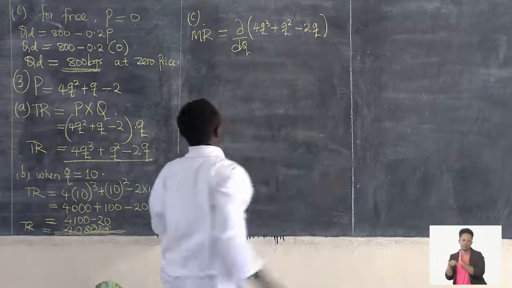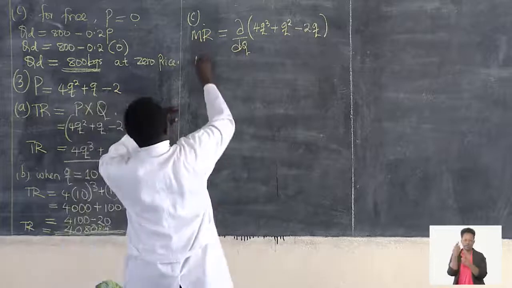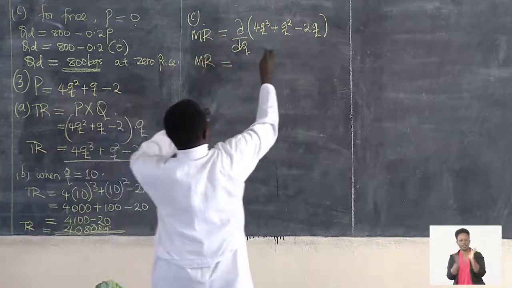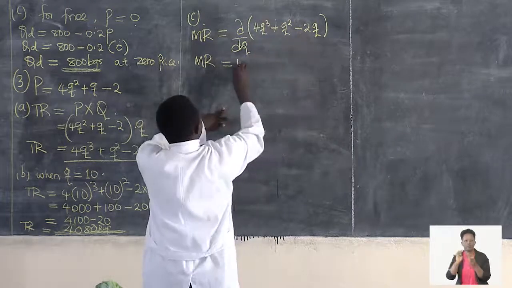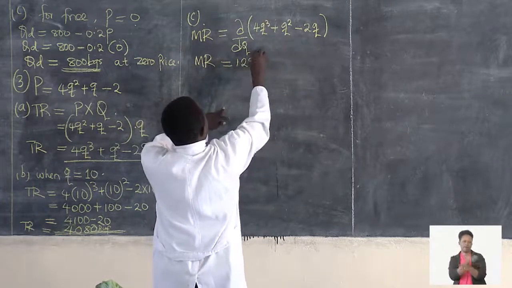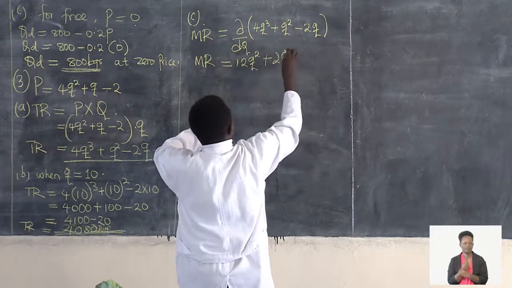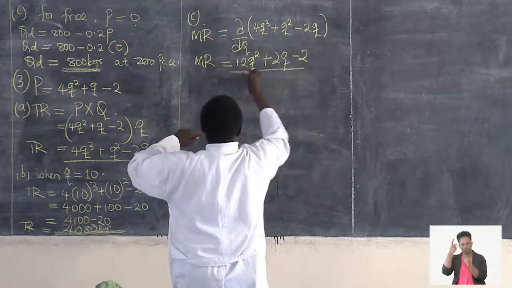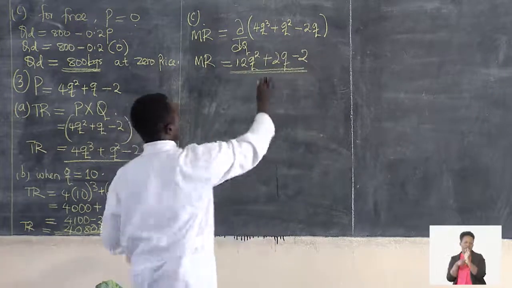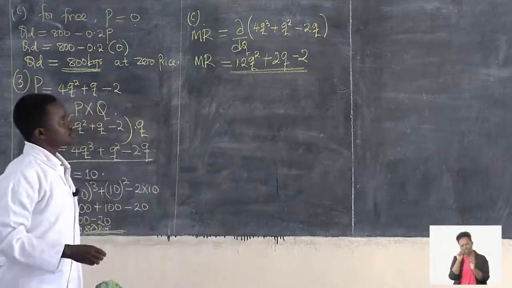The 3 comes down and you reduce the power by 1, so that is 12Q squared, plus 2Q, then minus 2. So our marginal revenue function is 12Q squared plus 2Q minus 2.